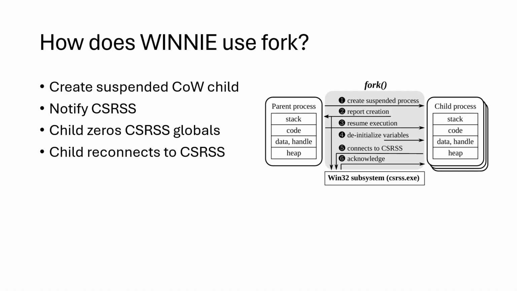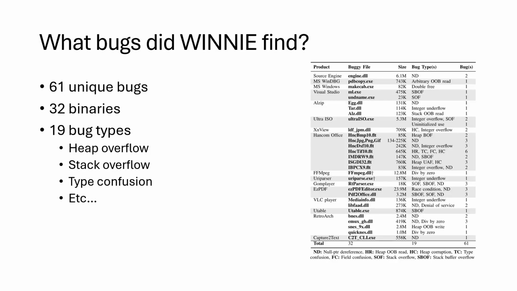The parent didn't actually clone it. And so the execution of WINNIE, the way they do it, allows 310 executions per second compared to 31, which is plain CreateProcess. So 10x speed up essentially over the native way of doing it.